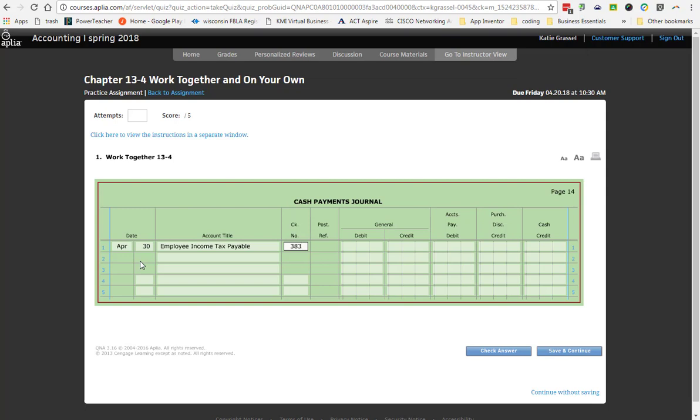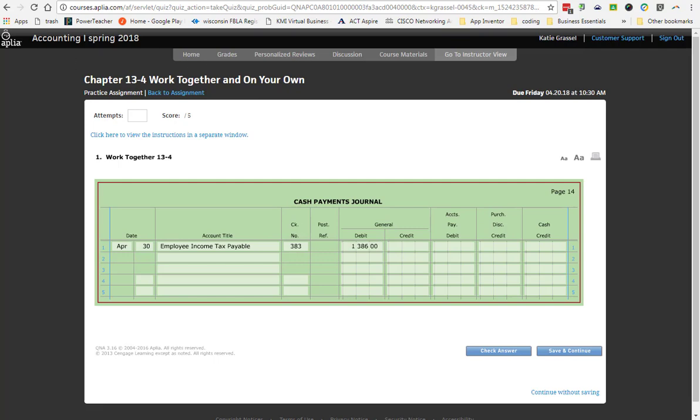So my employee income tax payable is my first one. Check 383. How much do we owe for employee income tax payable? It's not a trick question, it's in the directions. Yes, $1,386.